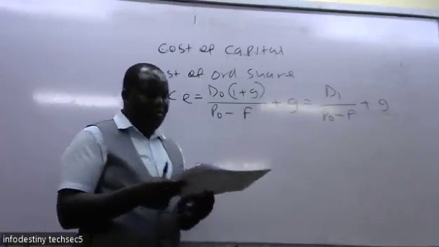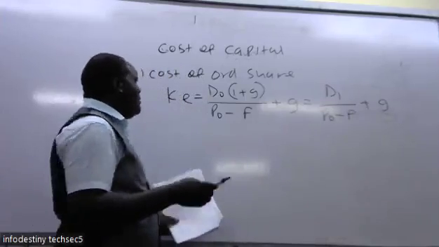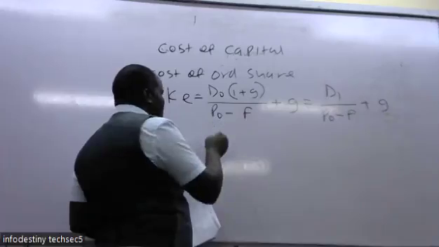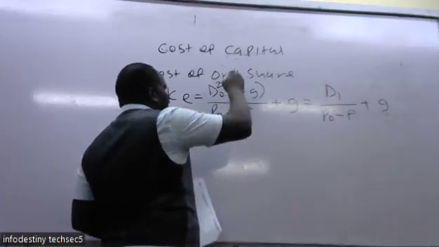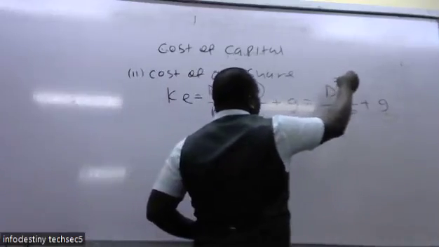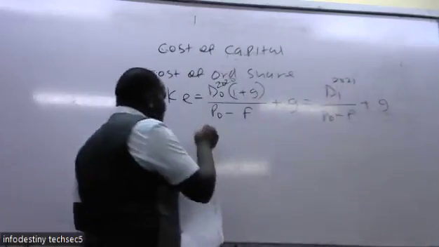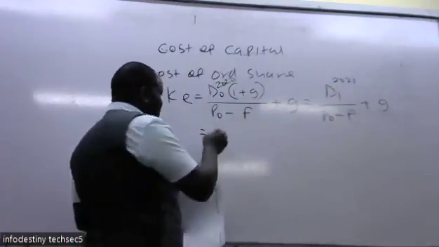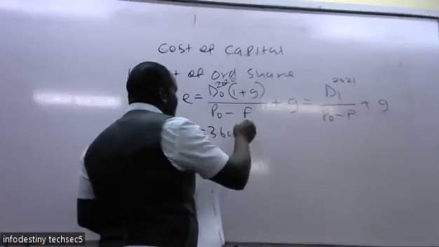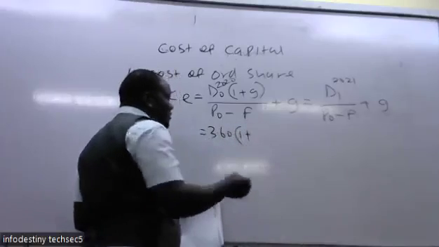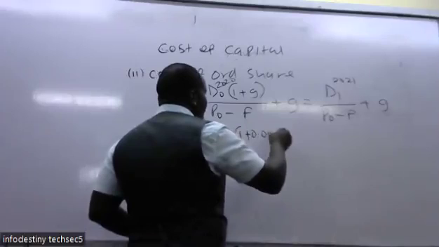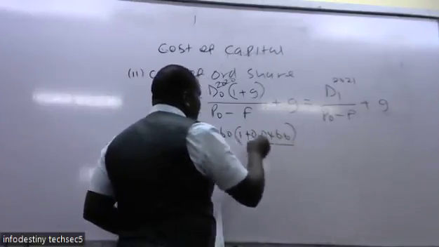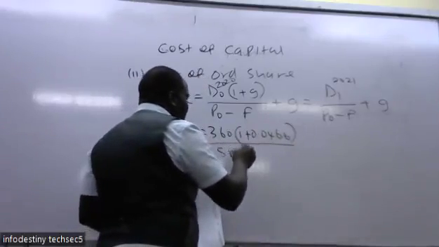So when you go back to the question, our D0 still remains the 2020 dividend, which is 3.66. Then 1 plus G, G was 0.0466.